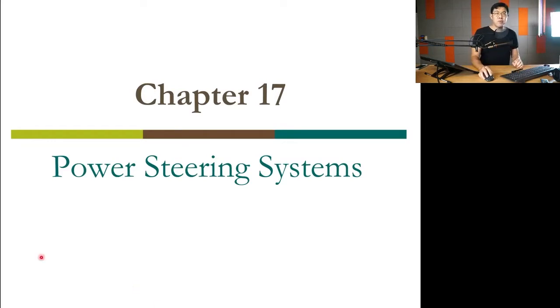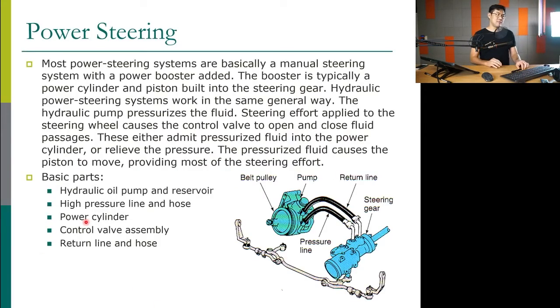So the power steering system is basically the manual steering system adding some kind of power booster. So the power system is basically some kind of assist.